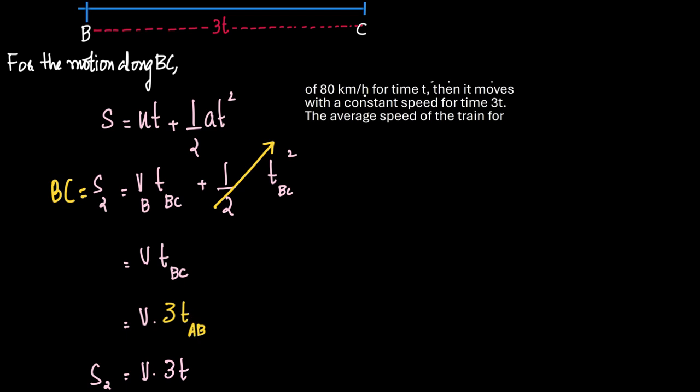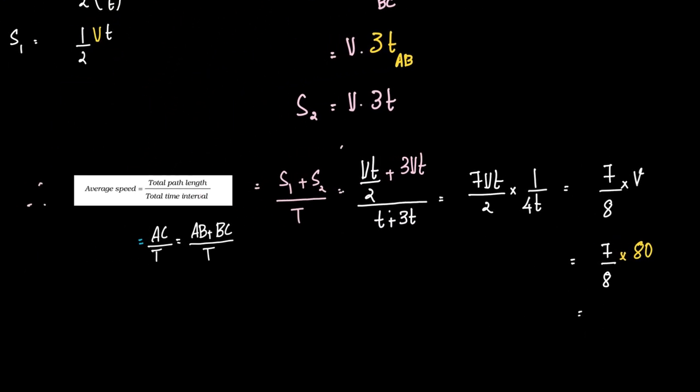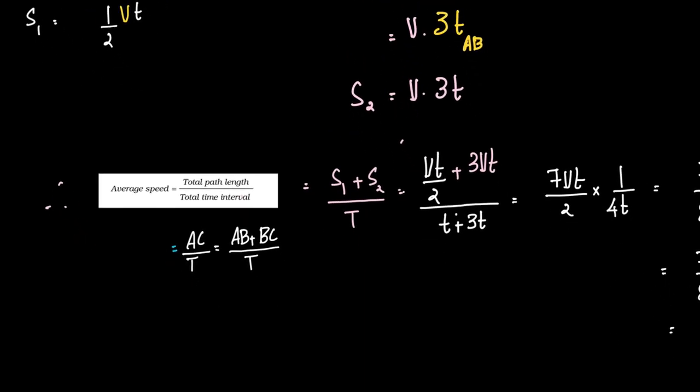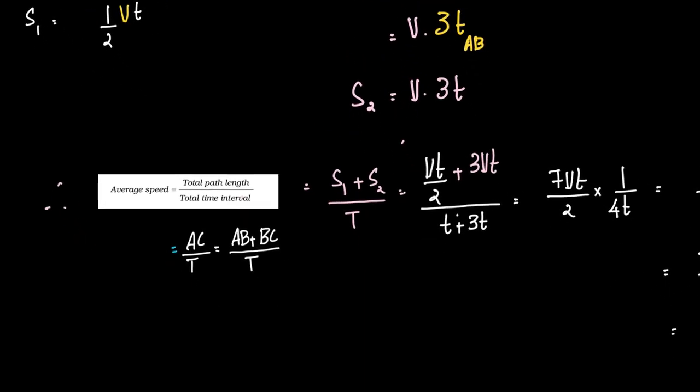Okay, now we got two values here. Which are they? s1 is equal to half vt and s2 is equal to v into 3t. Now, what is average speed? Total path length. What is total path length? s1 plus s2, which is vt by 2 plus 3vt, by total time.